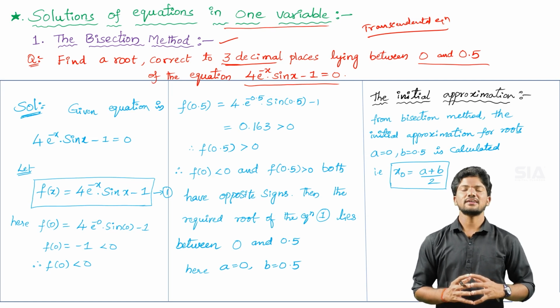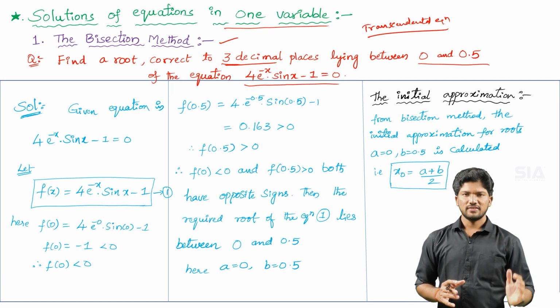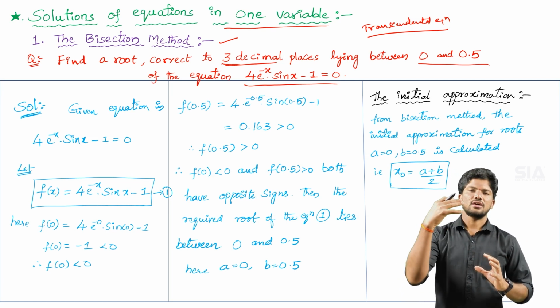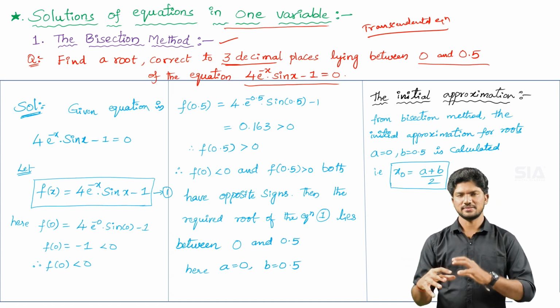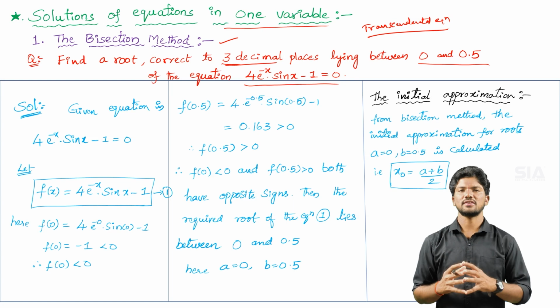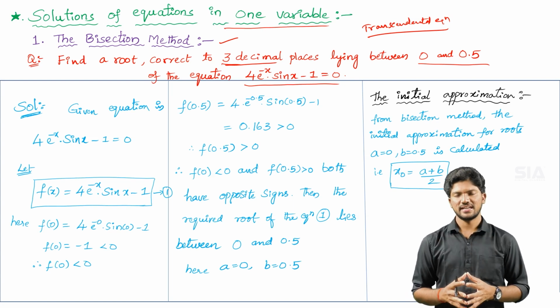What is a transcendental equation? The equation which consists of trigonometric, exponential, logarithmic terms all mixed. That type of equation is called a transcendental equation.